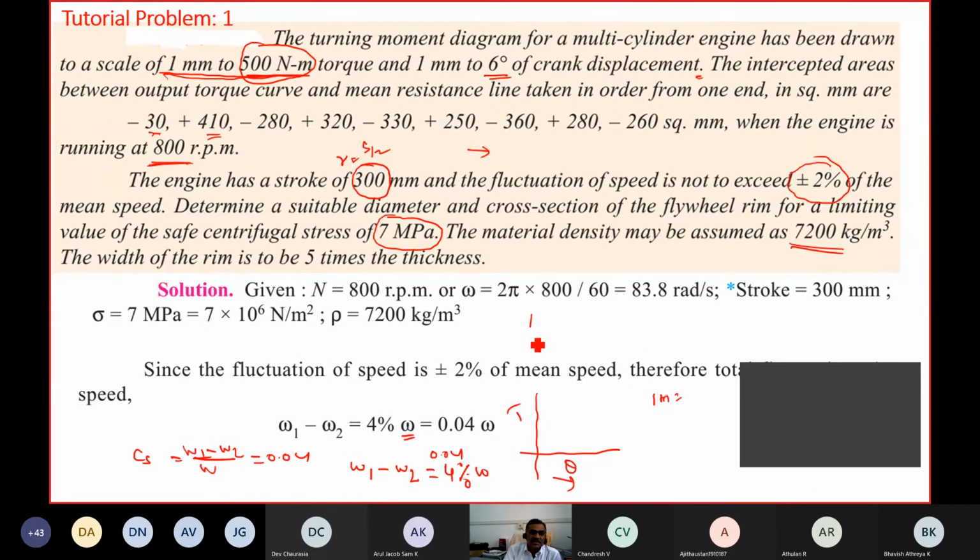The rim cross section is like this: this is the width and this is the thickness, and width is equal to 5 times thickness. Now we have to find all the dimensions of the flywheel.